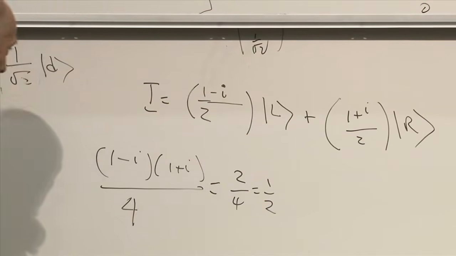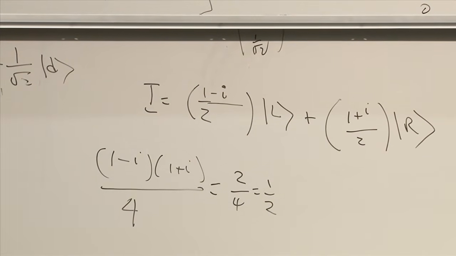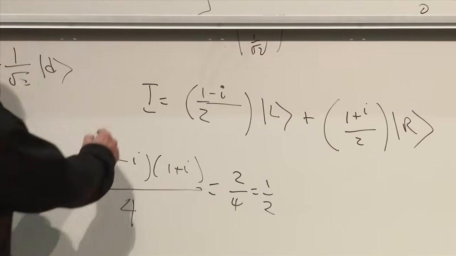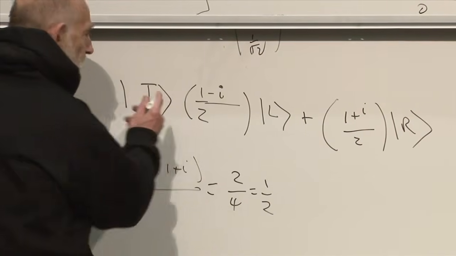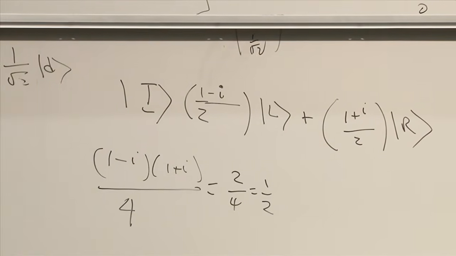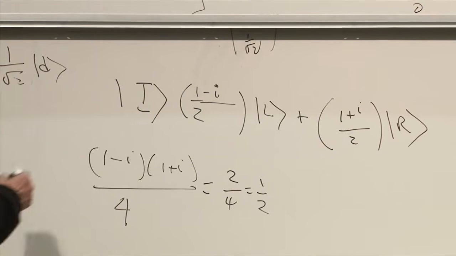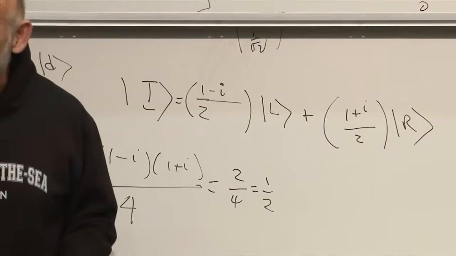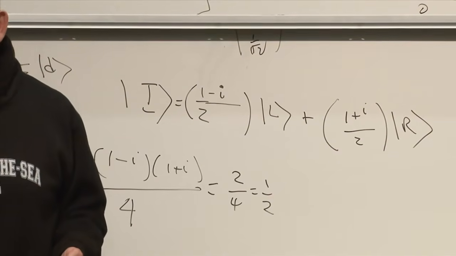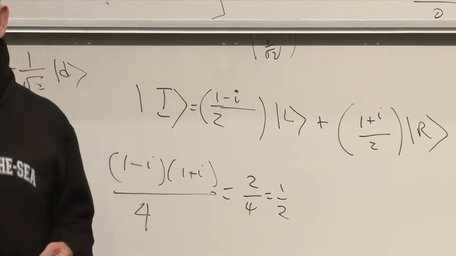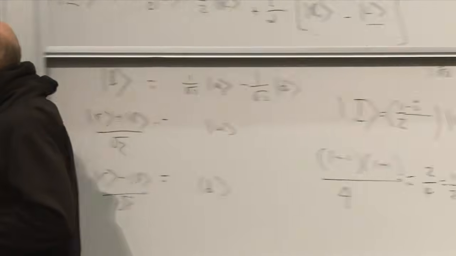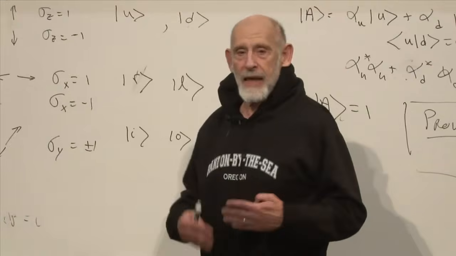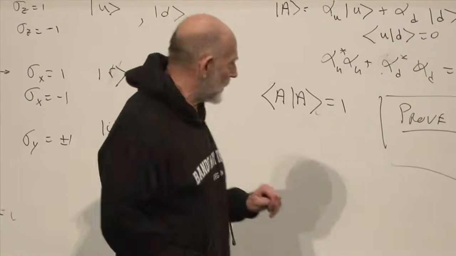The implication is that if you started in the state i into the blackboard, and instead of measuring up or down, you measured left or right, the probability would be 1/2. All right? So we found 3 mutually, they're not orthogonal to each other.